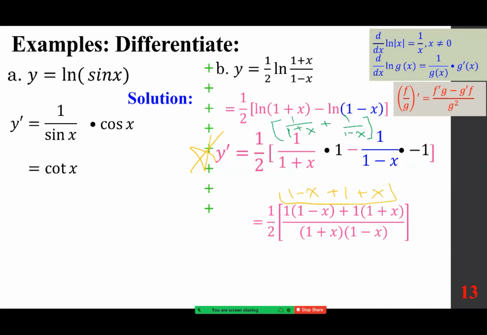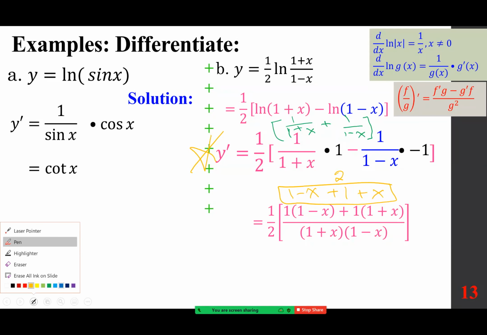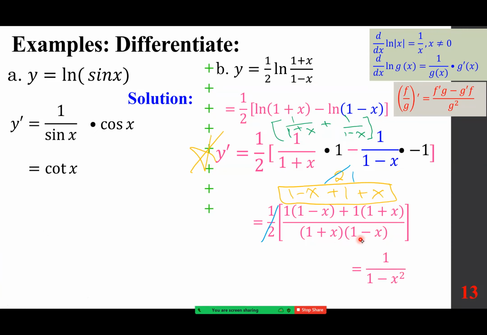And I hope you see that this simplifies to 2, because x and negative x cancel each other. 1/2 cancels out the 2, so we simply have a 1 in the numerator. And the denominator is the product of 1 plus x and 1 minus x. I hope you know it's 1 minus x squared. This is the final answer.